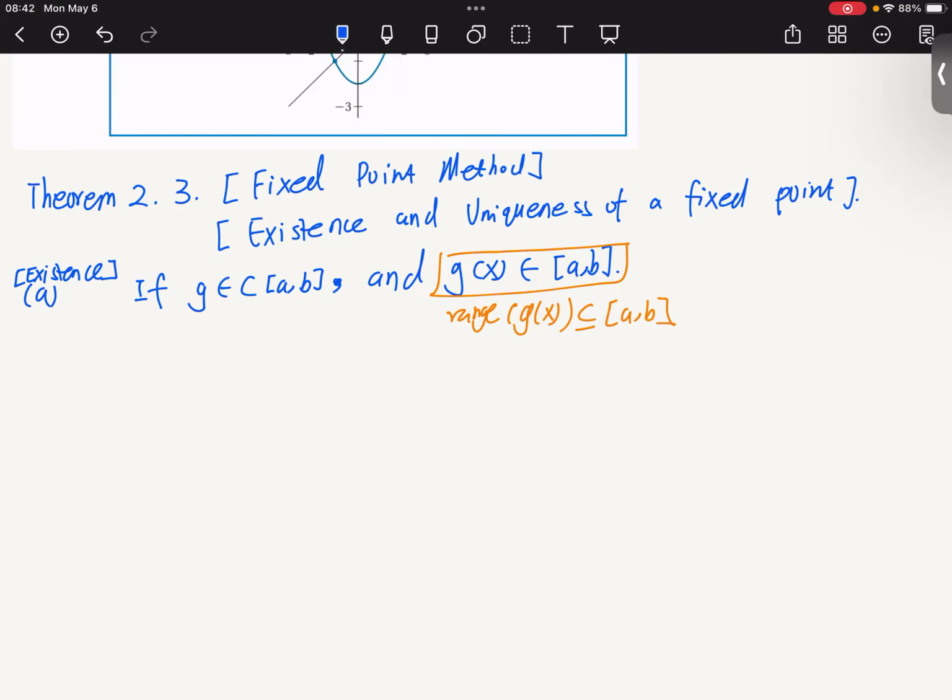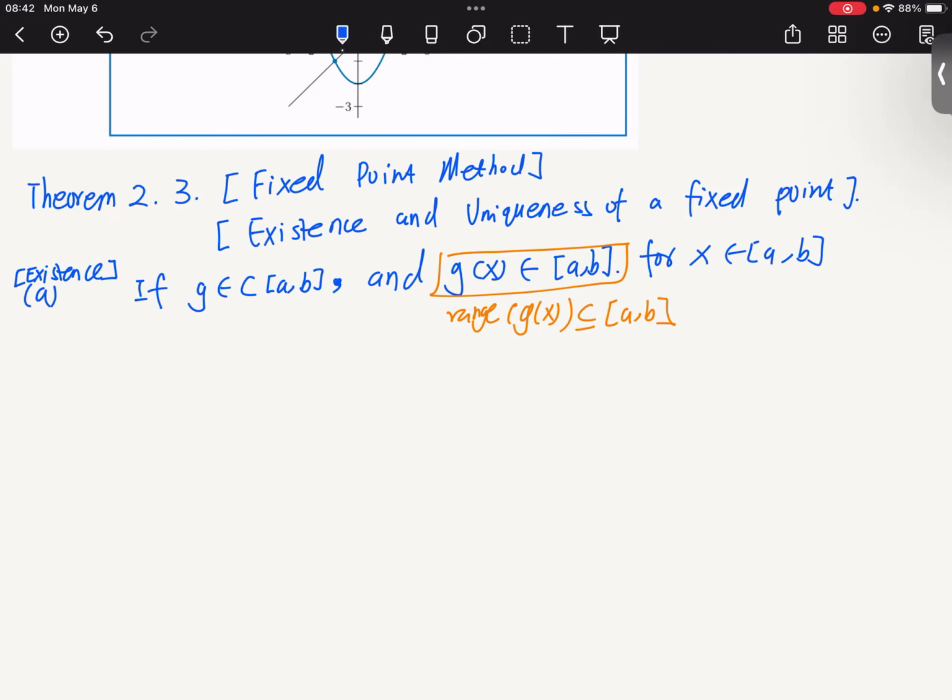This is the assumption: g(x) is in [a, b] for all x in [a, b]. This is the domain, and this is the range, and the range should be inside [a, b].